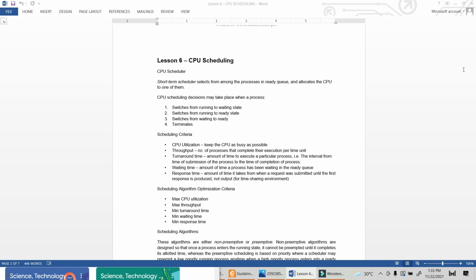This is the actual thing that is going to happen in CPU scheduling. We are going to switch the CPU among different processes, and thereby we are going to see the productivity of our computer.